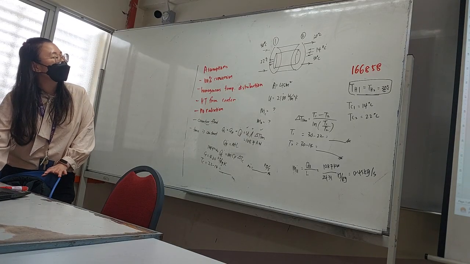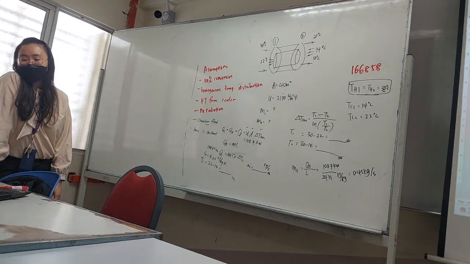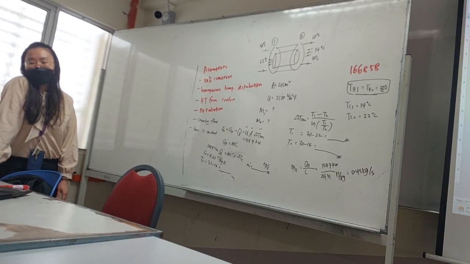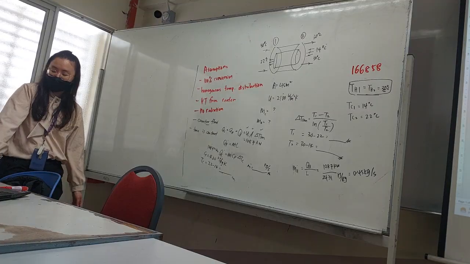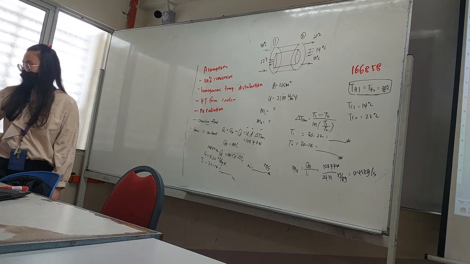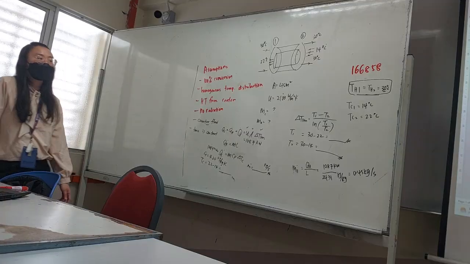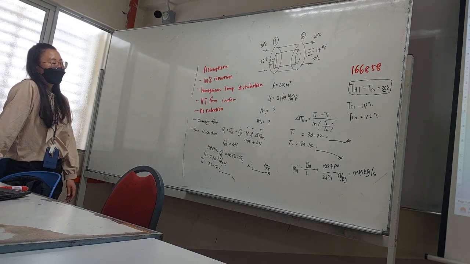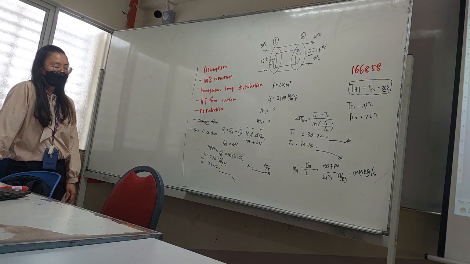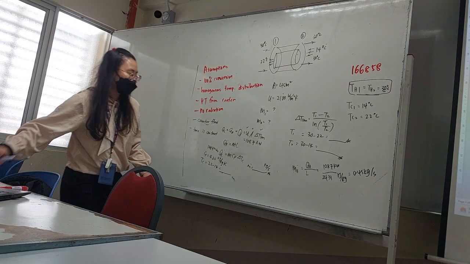So second example, very straightforward. It's the counter flow. They want to calculate the U value. This one you get 32.5, right?